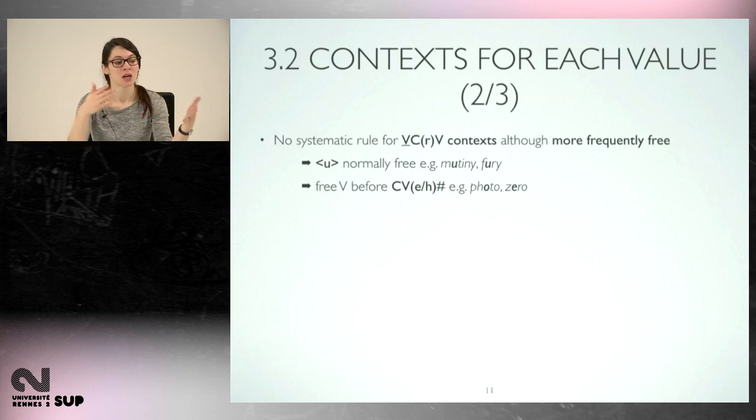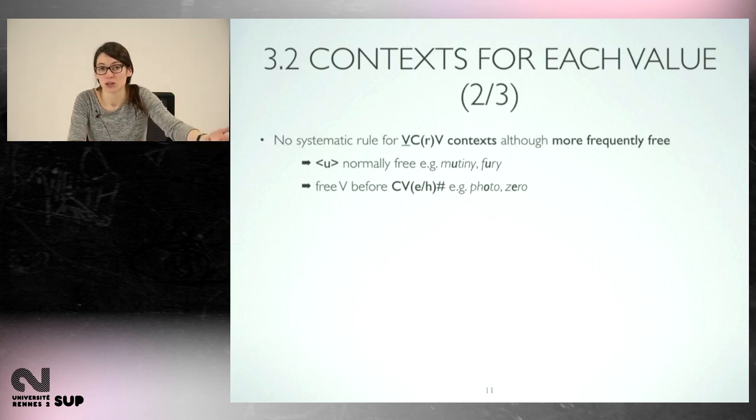This may be related to the VCE context, where you have a vowel followed by a consonant and a mute E. The mute E may be considered to be a type of vowel. It's not pronounced, but it's a type of vowel.